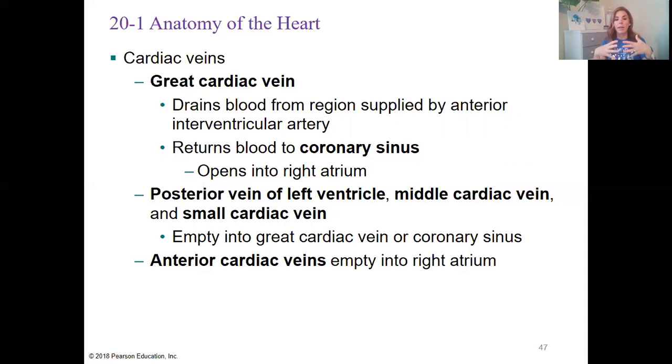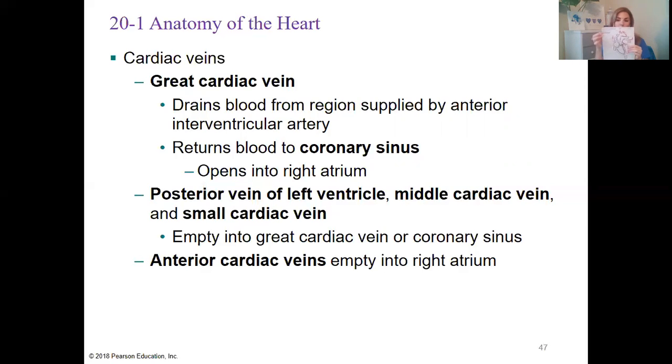So the cardiac veins are going to drain the used blood off of the heart, and they will return the blood to the coronary sinus. Whenever those veins drain the blood off of the heart and move it into the coronary sinus, remember the coronary sinus can then move that deoxygenated blood over into the right atrium.